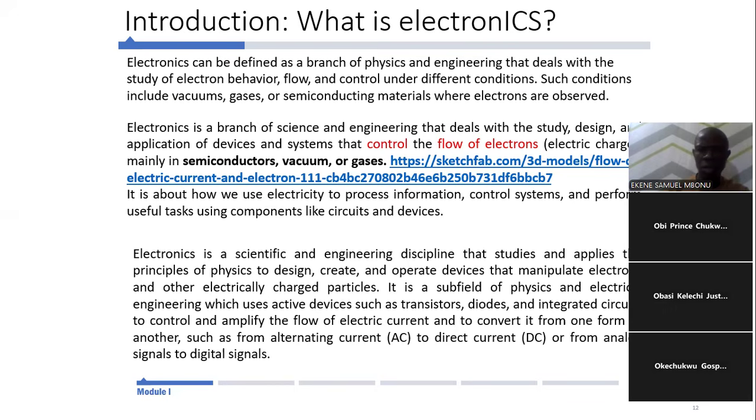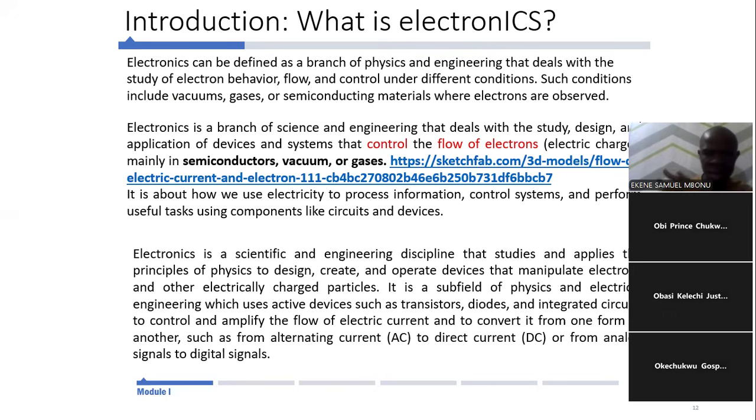Such conditions include vacuums, gases, or semiconductor materials where electrons are observed. So when we talk about electronics, we're actually talking about controlling the flow of electrons in vacuums or gases or semiconductor materials.